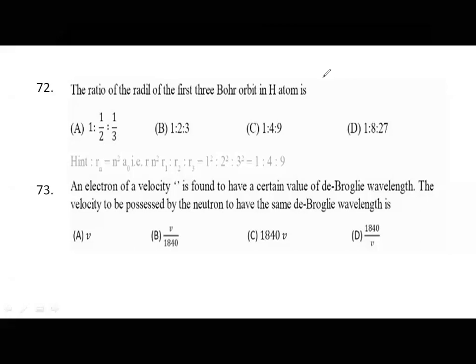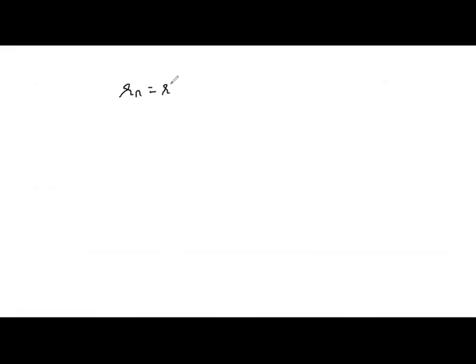Yes, so radius Rn is equal to a naught n square, or in some of the explanations I had taken r naught n square, where r naught is called Bohr's radius. So Rn is equal to a naught n square.